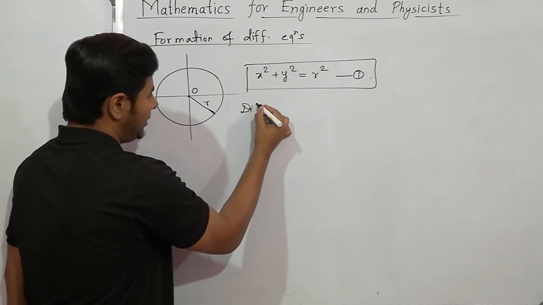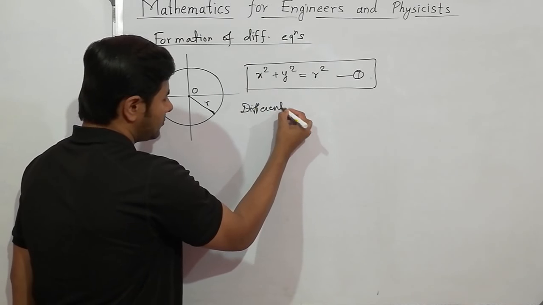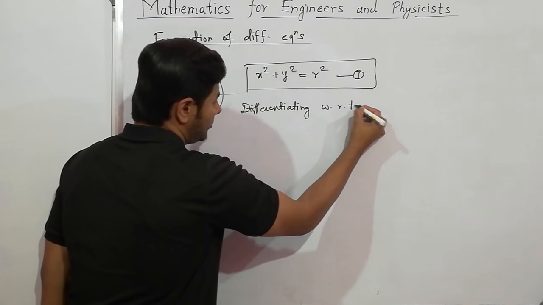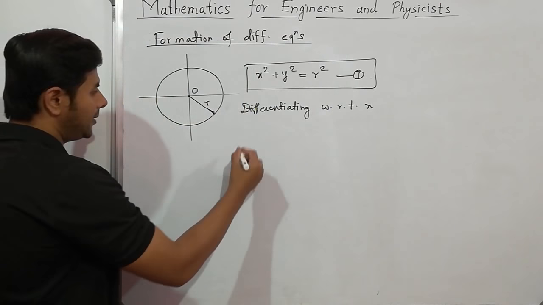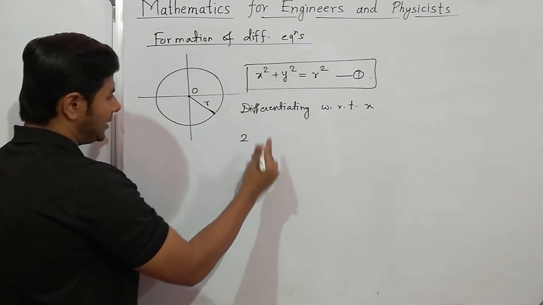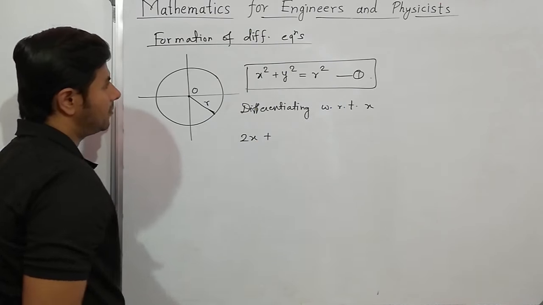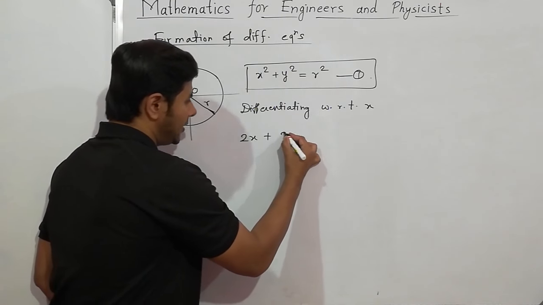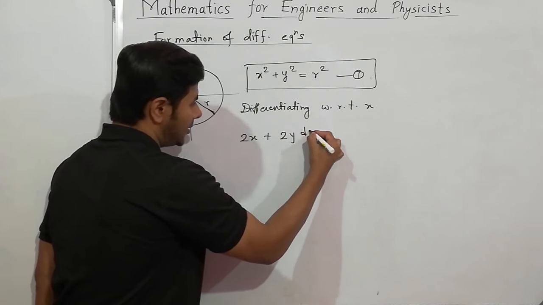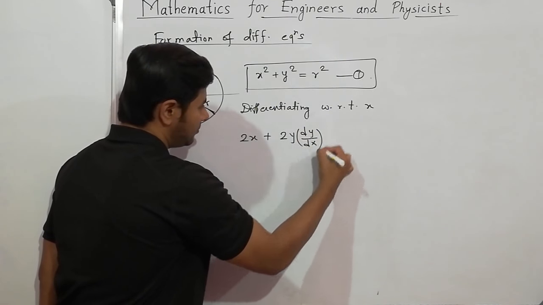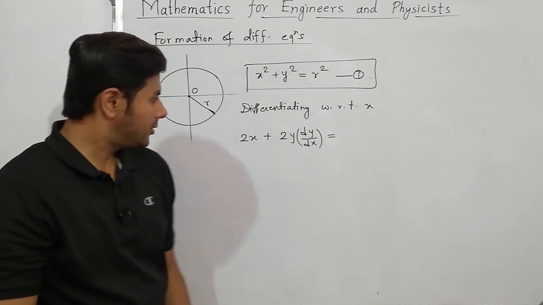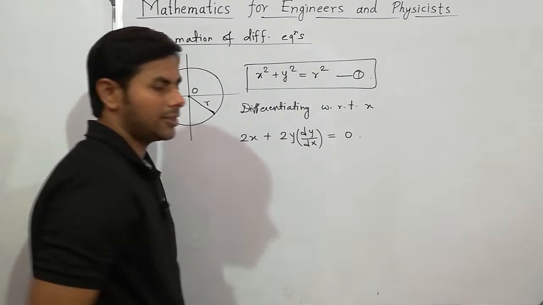So differentiating with respect to x, I can write derivative of x square is 2x plus derivative of y square using chain rule is 2y dy by dx, and r is constant, so derivative of r square is 0.